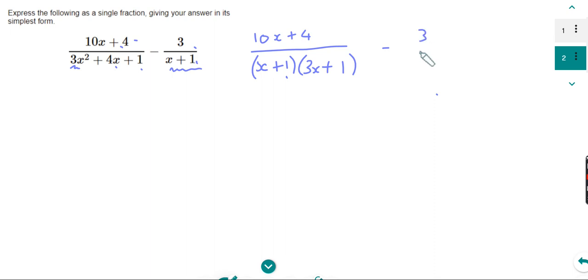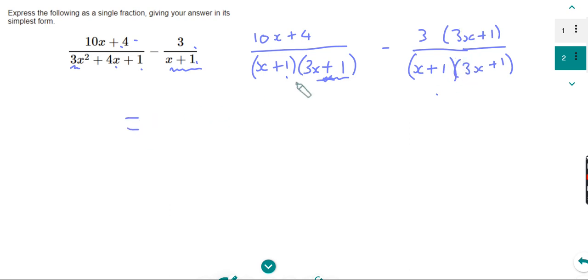Minus 3 over x plus 1. And while we're at it, we know that this 3x plus 1 here is missing. So let's put this up there. There we go. I'm multiplying by everything, that's why I'm allowed to just suddenly put this in brackets.